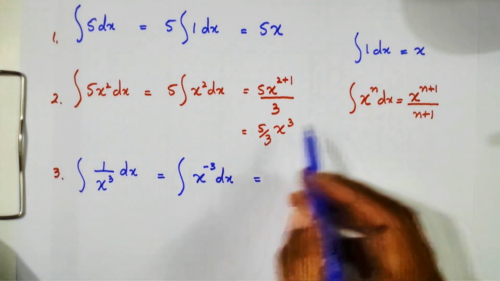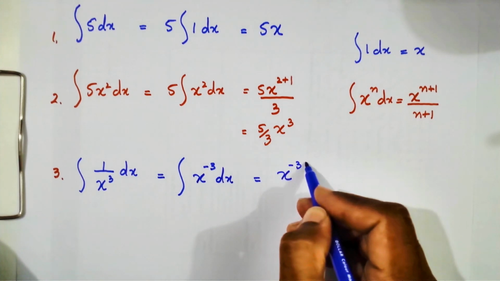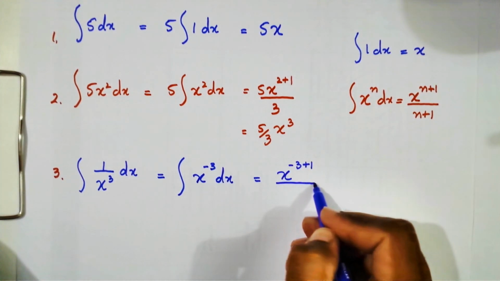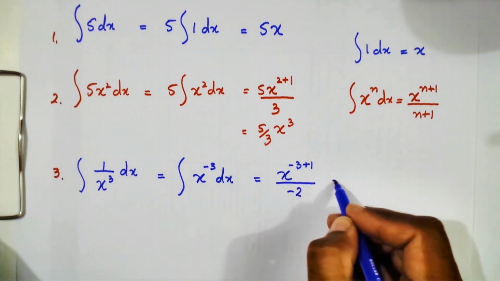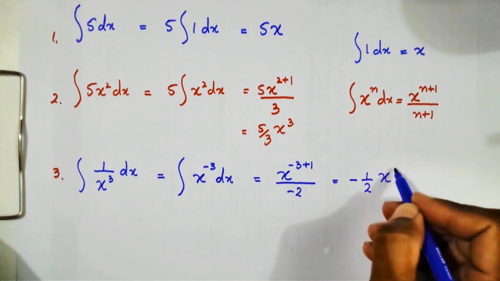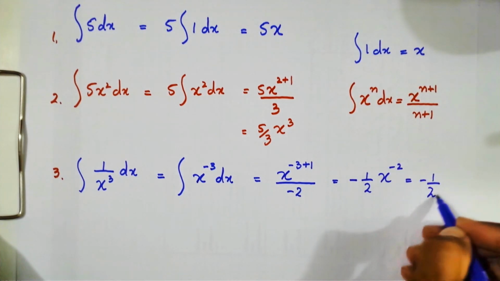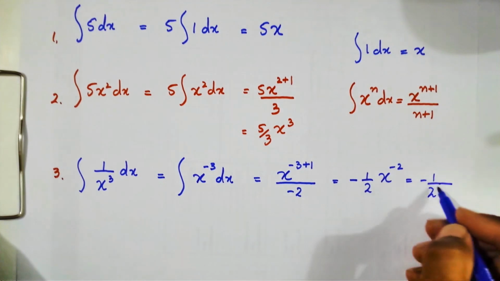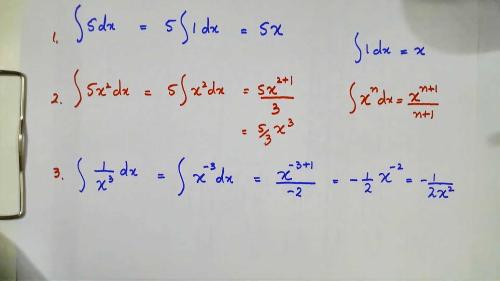Now here we will apply this rule. We are going to add plus 1 to the given power and write the result of the power in its denominator. After simplification, you will get x power minus 2. Further, you will move this x to the denominator and the sign of the power will be changed. So this is the required integration.